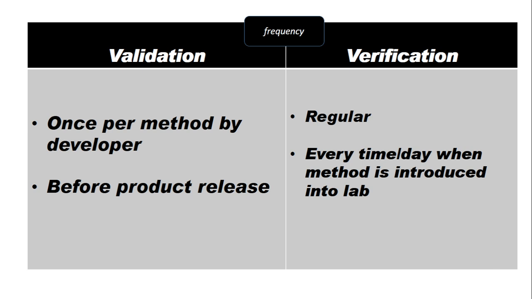So we can say that verification is more frequent in the lab and validation is very infrequent. It is done once by the developer, or also in the lab, before product release, before launching it. But verification is a regular process.